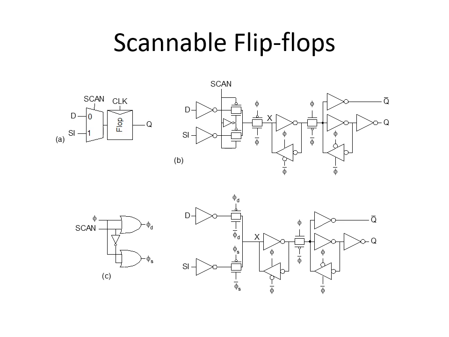The problem with this structure is that the setup time increases by the delay of the extra transmission gate in series with the D input. The setup time is defined as the minimum amount of time before the clock's active edge by which the data must be stable for it to be latched correctly.